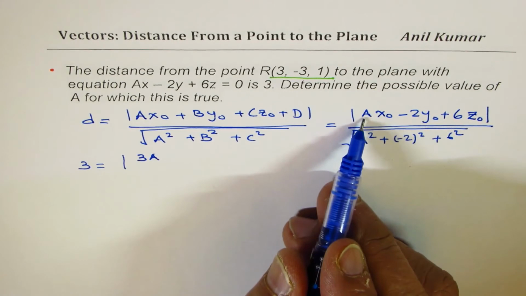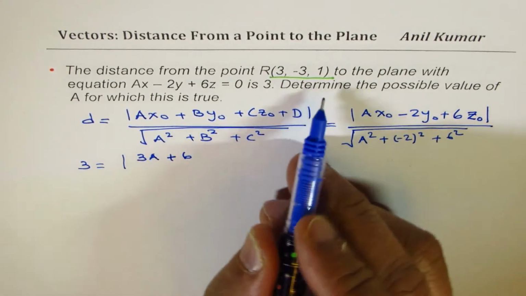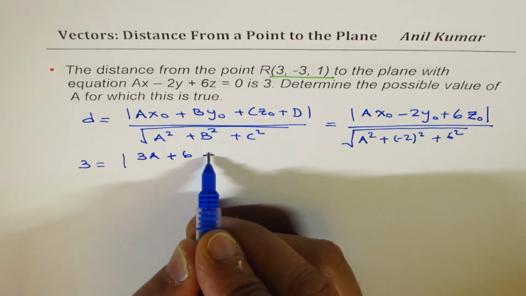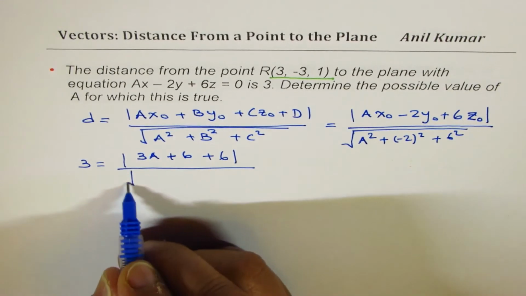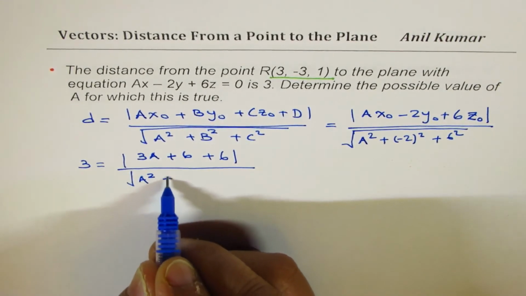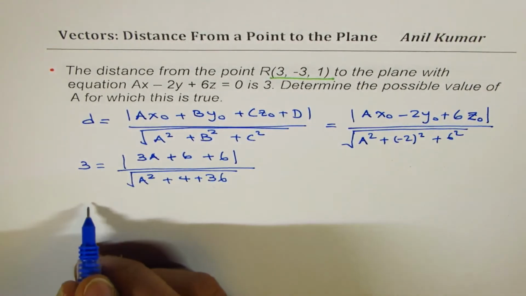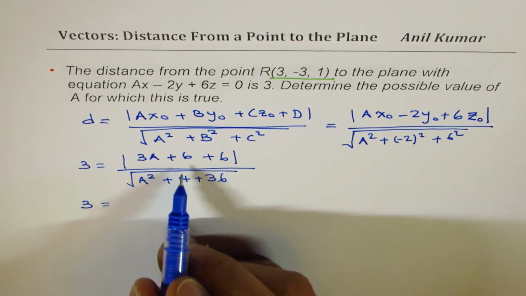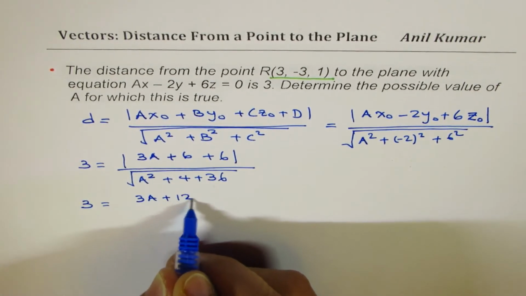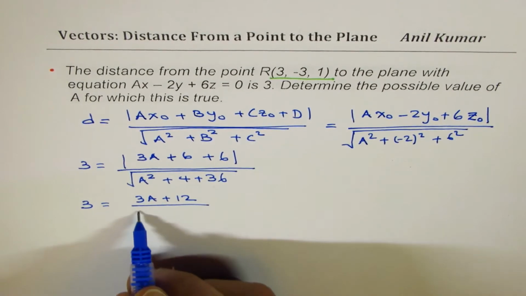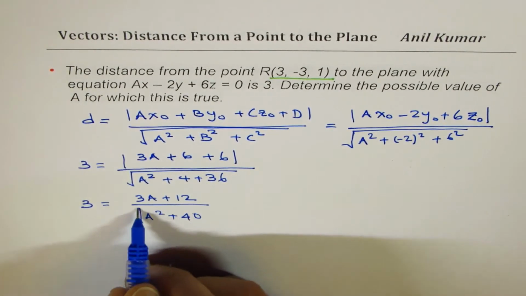So 3a, minus becomes positive 6. And 1 times 6 is again positive 6. So that becomes the numerator, divided by the square root of a squared plus 4 plus 36. So this gives you the equation 3 equals 3a plus 6 is 12 over the square root of a squared plus 36 plus 4 is 40.